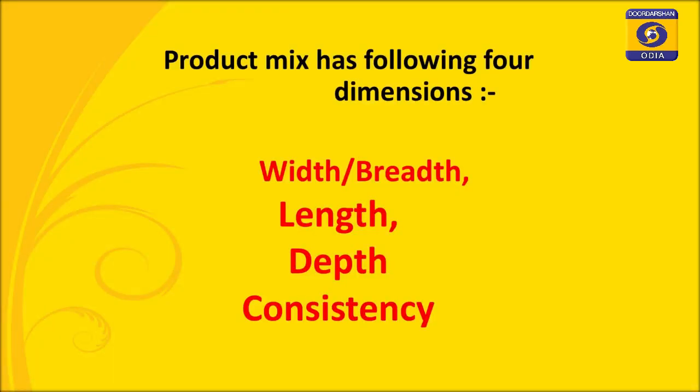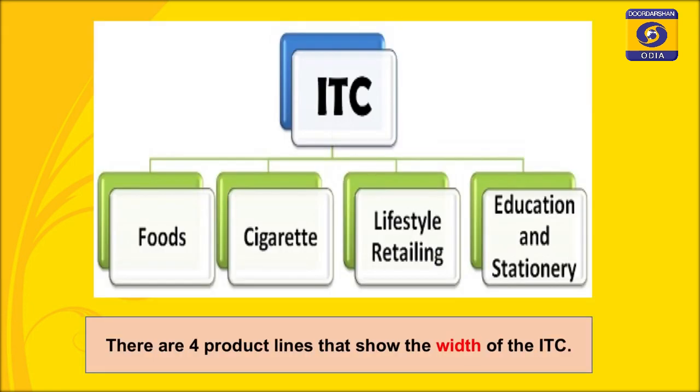So product mix has 4 dimensions. One is width, which is otherwise called breadth, then length, depth, consistency. Take the example of a company called ITC. I think you all are familiar with this company. I have taken 4 kinds of product that the company produces.